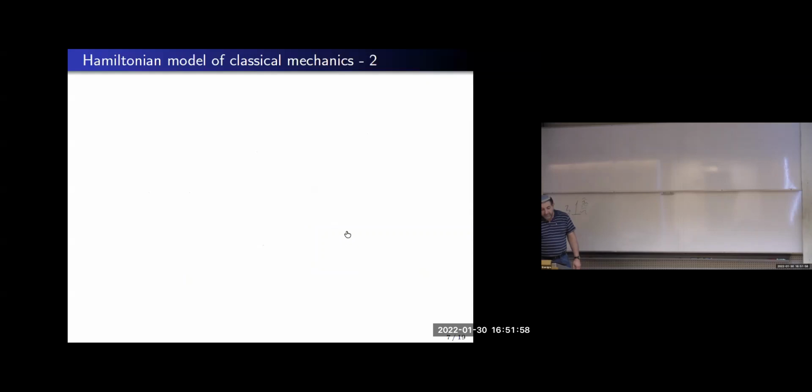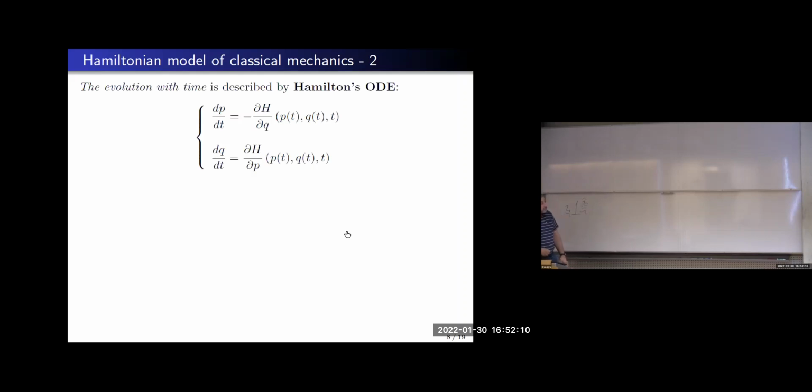Okay, and then you have the evolution of the system. Once the system starts to evolve, this evolution is described by the classical Hamiltonian ordinary differential equations. This is a system of first order ordinary differential equations.